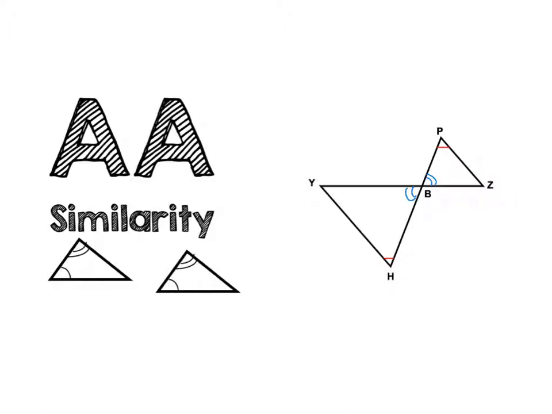But I also know that if two of the angles are congruent, then the third one has to be congruent too, because a triangle has to equal 180 degrees. So if two of the corresponding angles are congruent, then the triangles are going to be similar. They're not always going to be congruent because the side lengths can still be different, but they will be proportional.